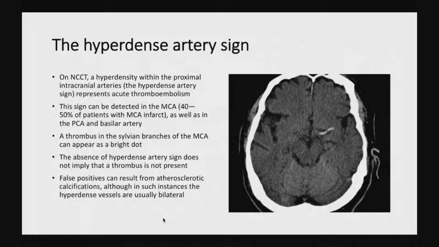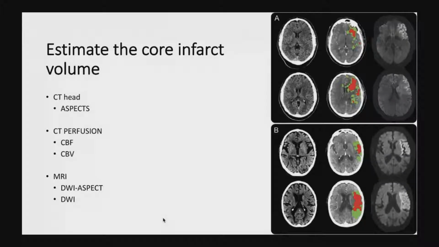And then on the diffusion weighted images, you can see the infarct in that area. And then in the bottom, you can see the non-contrast head CT with really no edema or any sign of effacement, but the perfusion shows a large area of abnormal perfusion, and the DWI shows a large infarct in the left MCA territory.